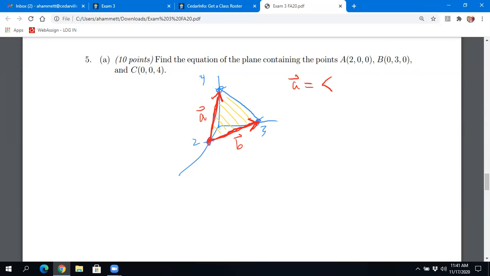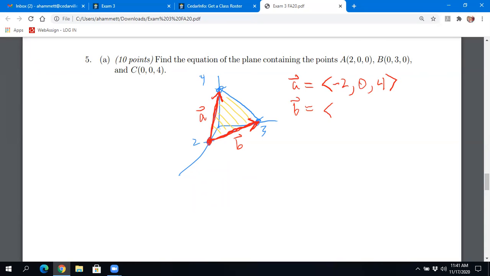So how much movement has there been in the x direction, moving from the beginning point of A to the terminal point of A? -2. How much movement in the y direction? 0. How much movement in the z direction? 4.